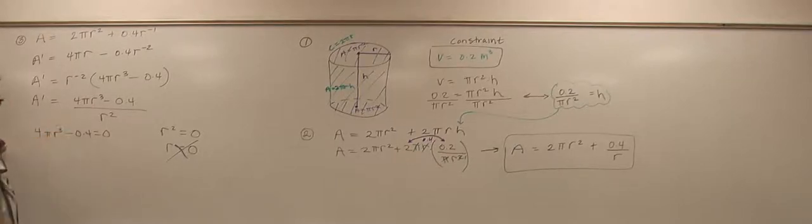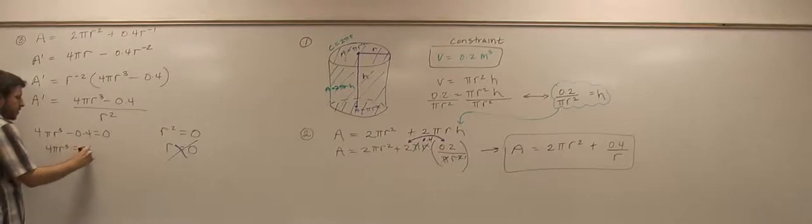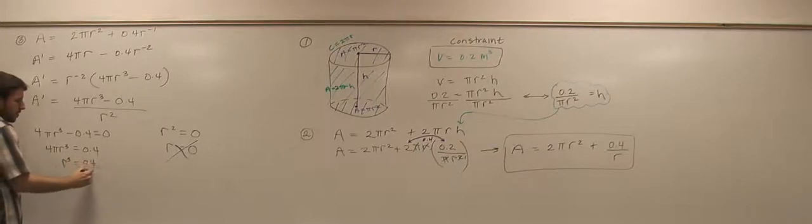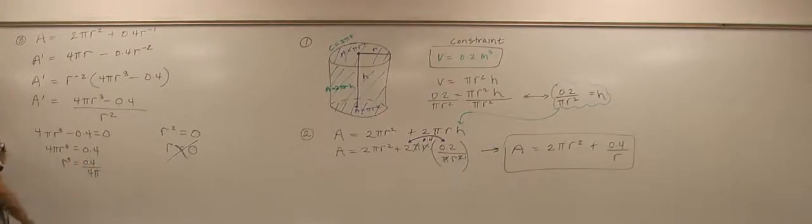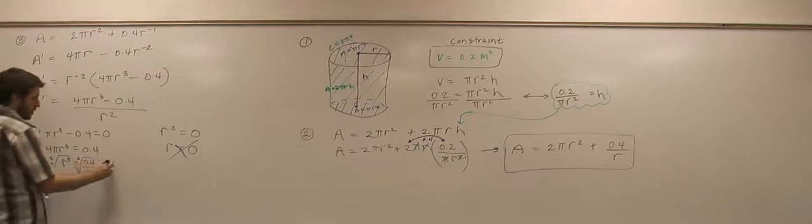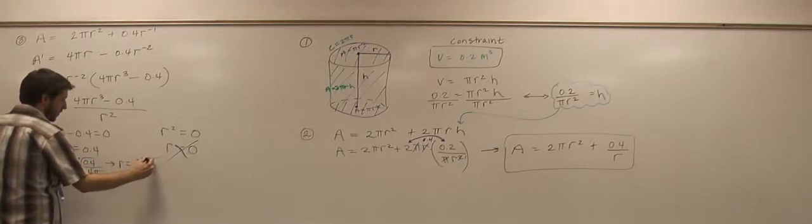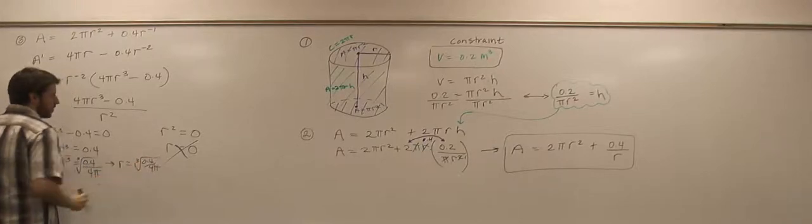If you add the 0.4 over, 4 pi r cubed equals 0.4. Divide by 4 pi. Cube root both sides. So r equals the cube root of 0.4 over 4 pi.